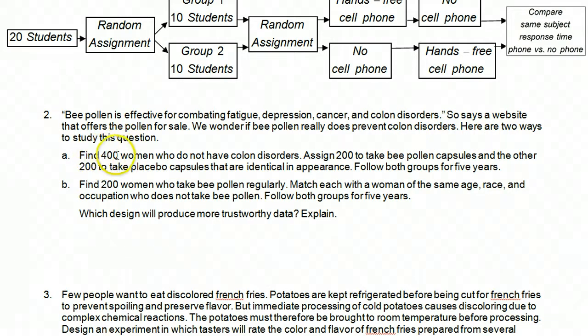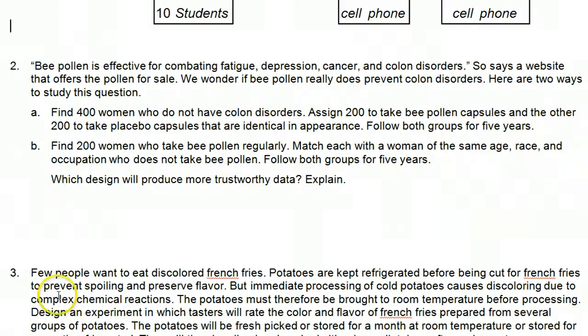The first way is to find 400 women who do not have colon disorders. Assign 200 of them to take bee pollen capsules and the other 200 to take placebo capsules that are identical in appearance, and follow both groups for 5 years, and we would compare. By the way, we would definitely randomly assign the women to these two different groups.